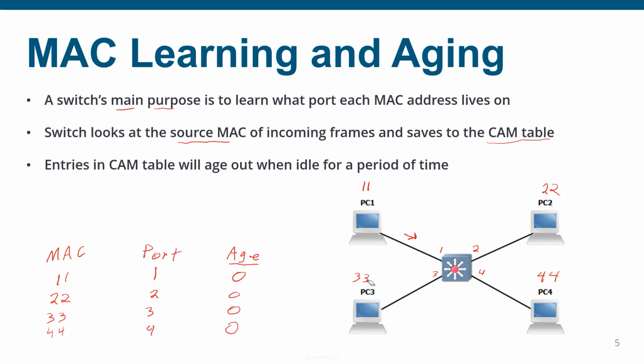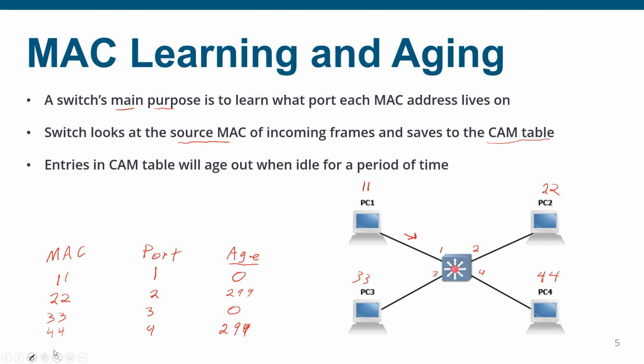Now let's say 5 minutes go by and PC1 and 3 have been really chatty. So their age is still 0 and 0. But PC4 hasn't been heard from for the last 299 seconds, and nor has PC2.